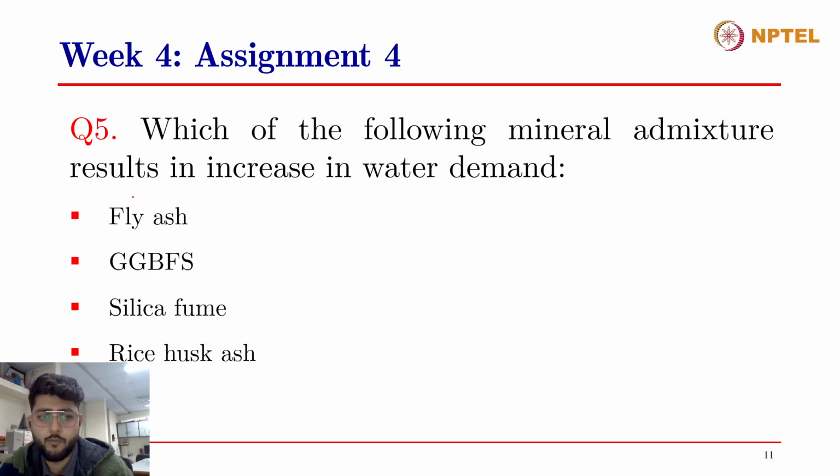I mean, most of these mineral admixtures increase water demand when added to cement or concrete. But which of these, fly ash, GGBFS, silica fume, or rice husk ash, has the highest water demand and why? Yes, can somebody try answering this question?